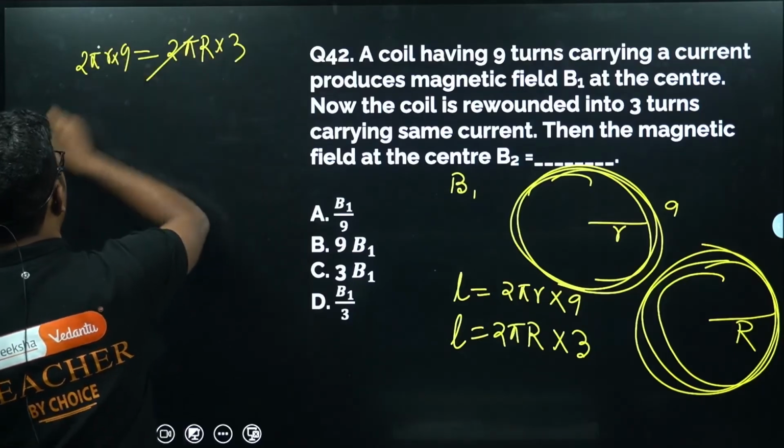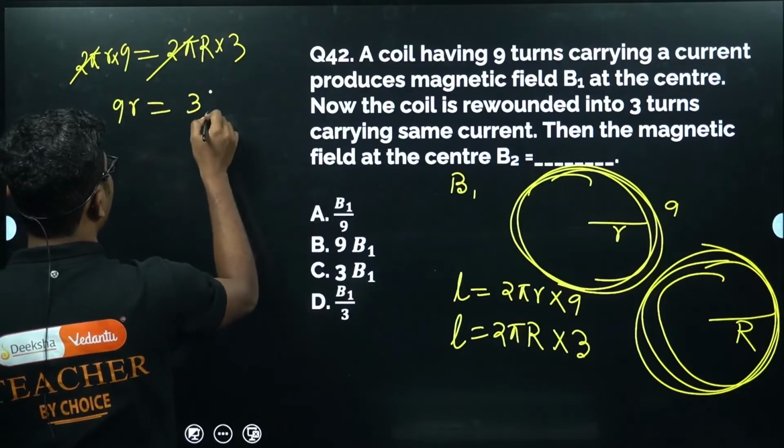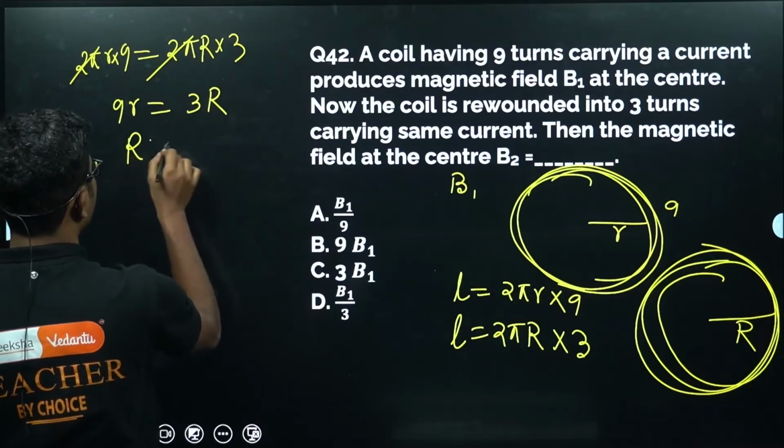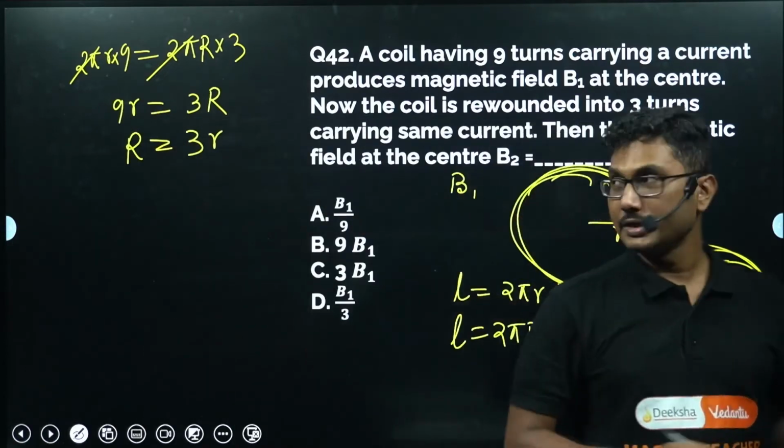Okay, 2 pi cancels. 9 small r is equal to 3 capital R, or capital R equals 3 small r. This is the relation that we have received.